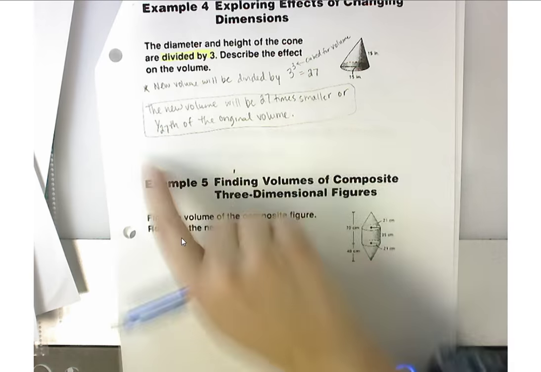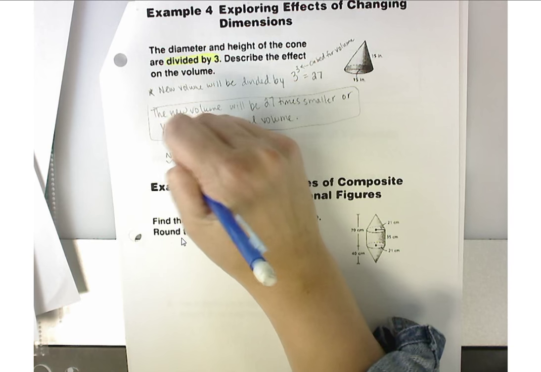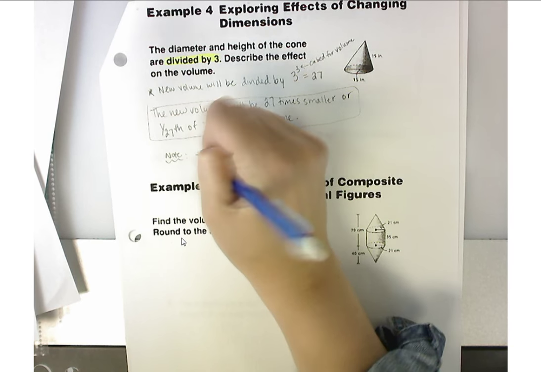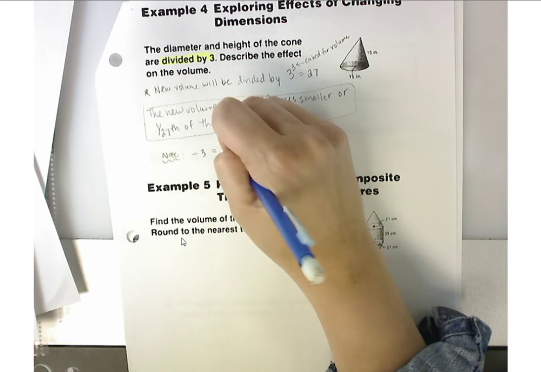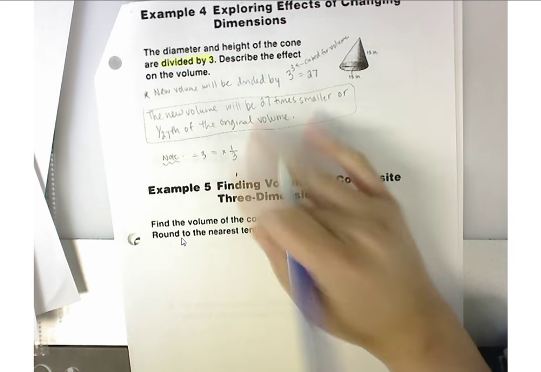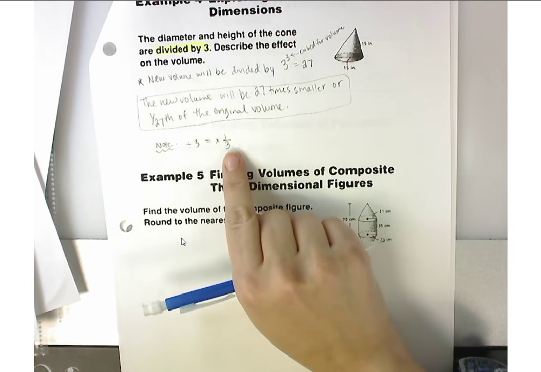Okay, so note when you're dividing by 3, that's the same thing as multiplying by the reciprocal. And the reciprocal of 3 is 1/3.